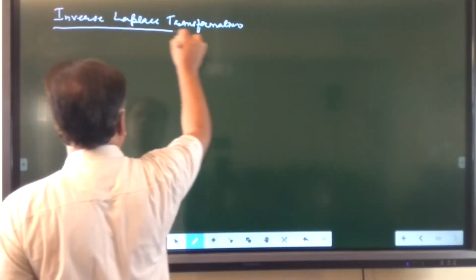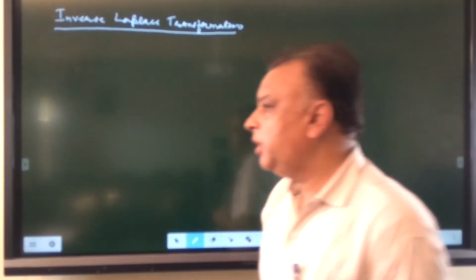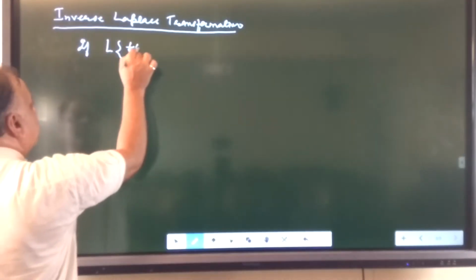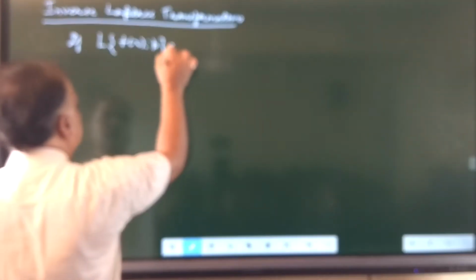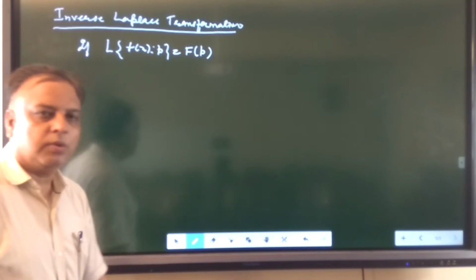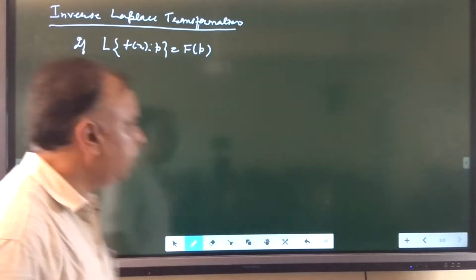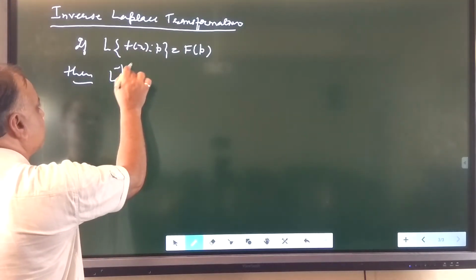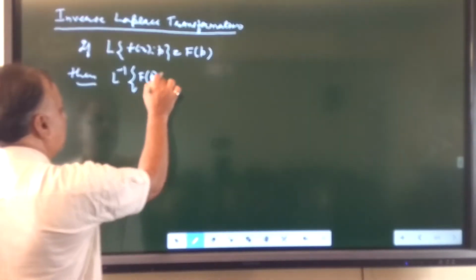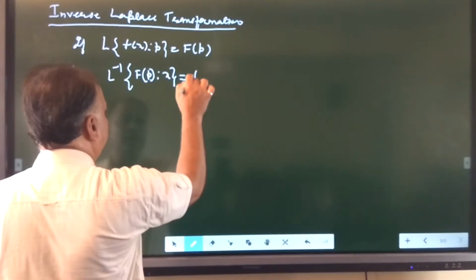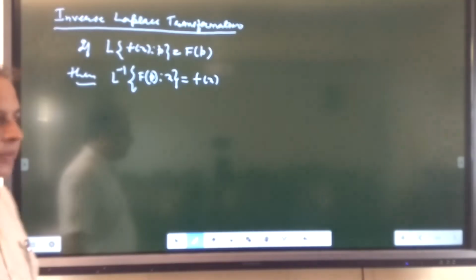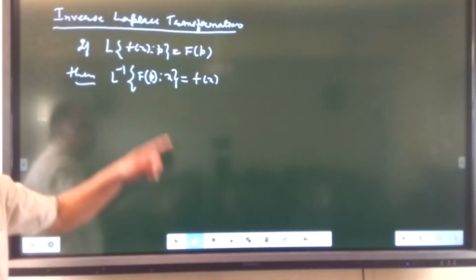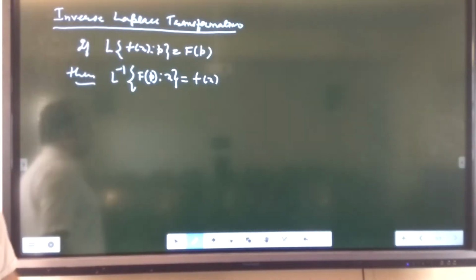What is inverse Laplace transformation? As we have defined, if the Laplace transformation of a function f(x) is equal to f(p), then inverting this, the inverse Laplace transformation of f(p) with respect to x is equal to f(x).